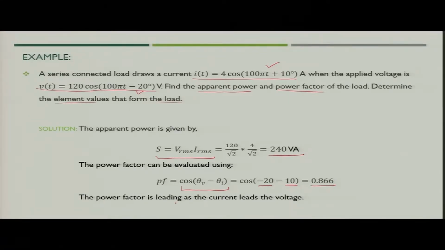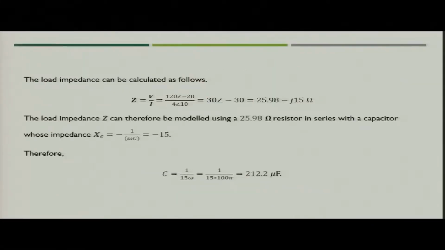Here power factor is leading because current leads the voltage. Here the phase angle for current is positive and for voltage the phase angle is negative, so you can easily visualize that current is leading with respect to voltage. So, it means that the circuit is capacitive.